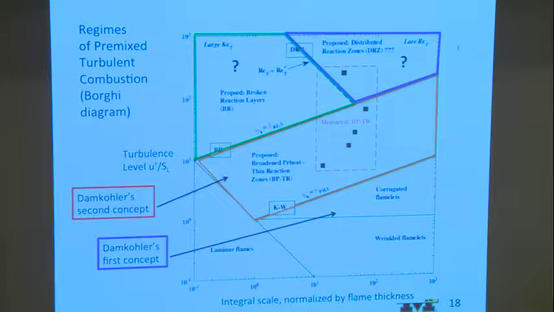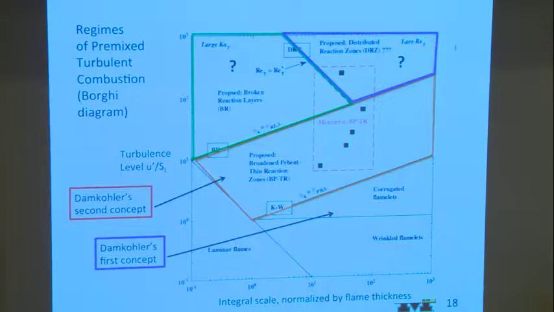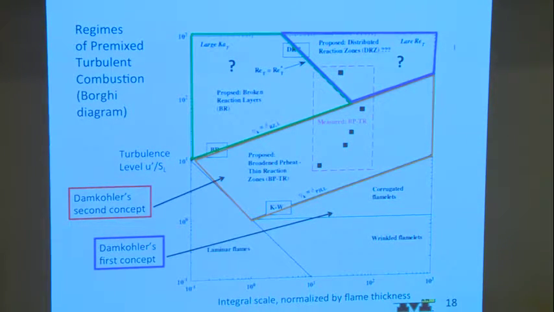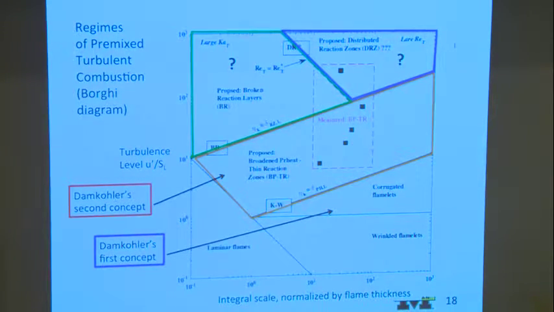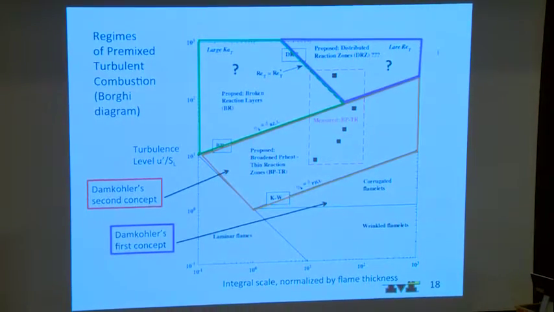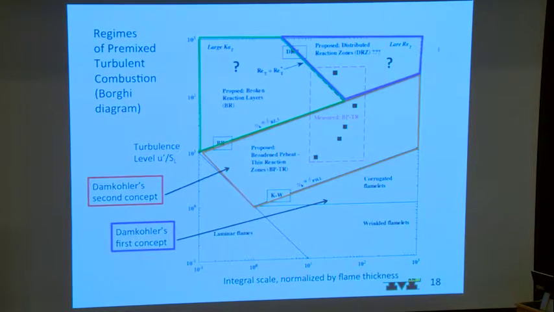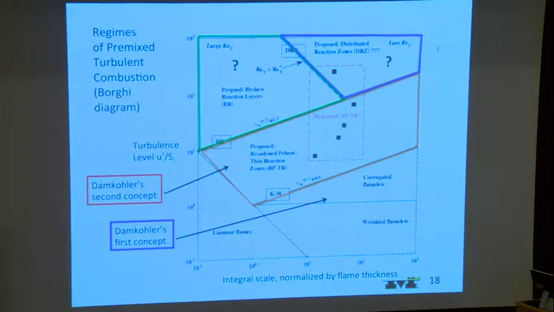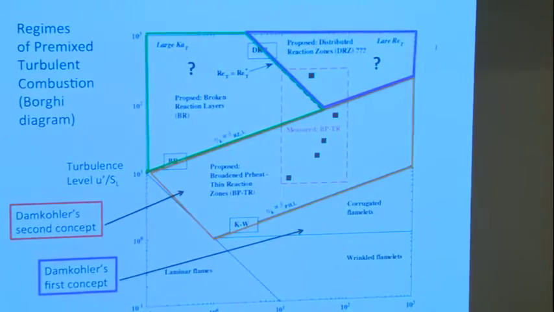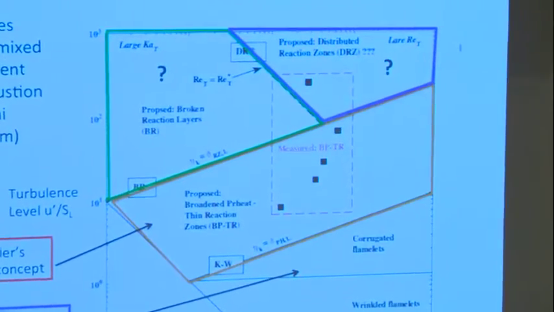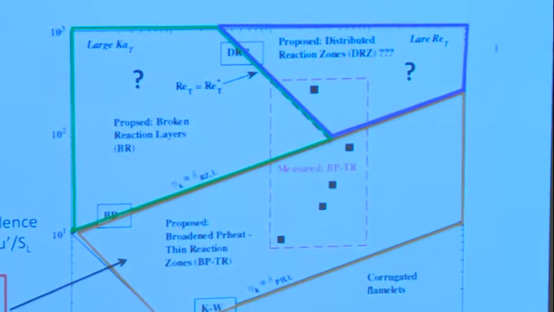But then he also said that once the Kolmogorov scale gets inside the reaction zone, you go above into this green region, and that would be broken reactions. No one has ever confirmed that. And then if you go way up to the right, that would be large Reynolds number, in other words, large integral scale and large turbulence level. If it was sufficiently large, you would say, well, maybe that's distributed reactions.